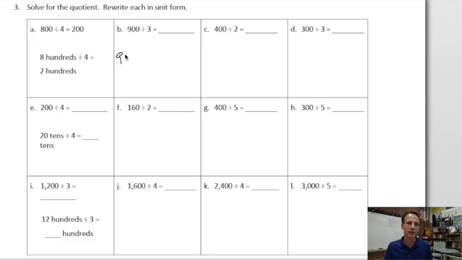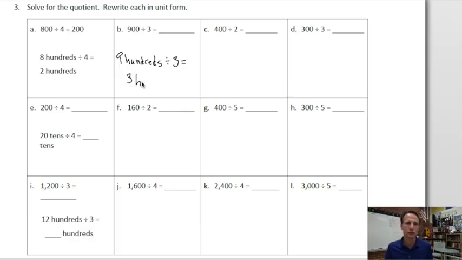So we have 900s. And now we're just kind of picturing the place value disks in our head. 900s divided into 3 equal groups. How many will you have in each group? 1, 2, 3, 4, 5, 6, 7, 8, 9. There are 3 hundreds in each group.